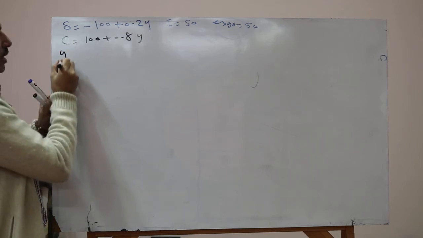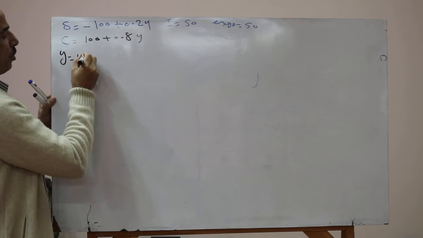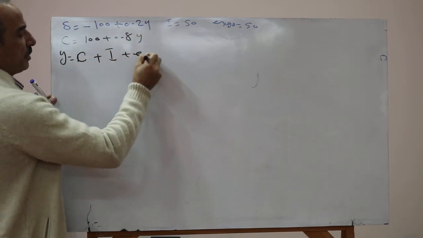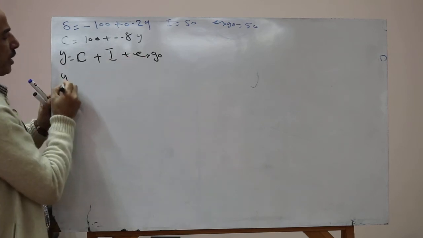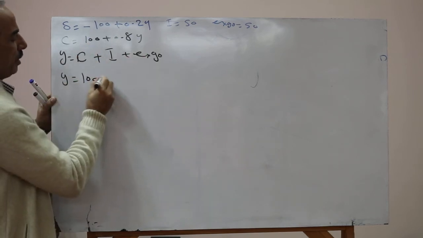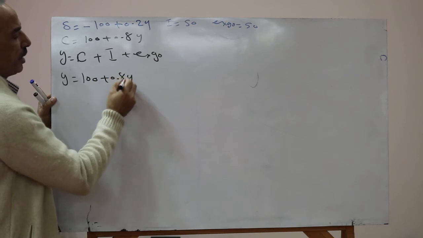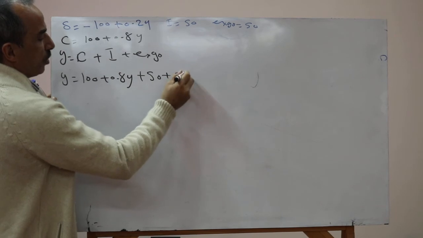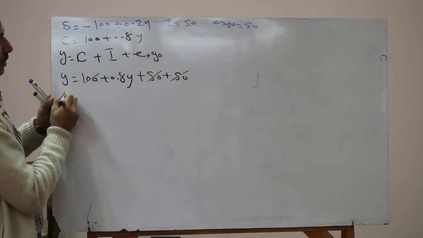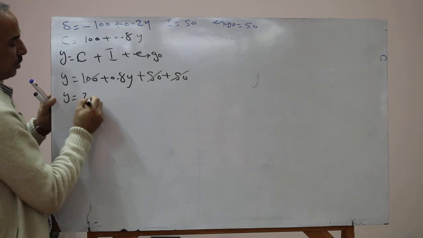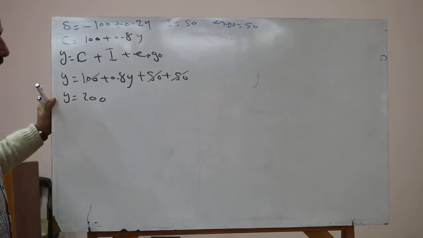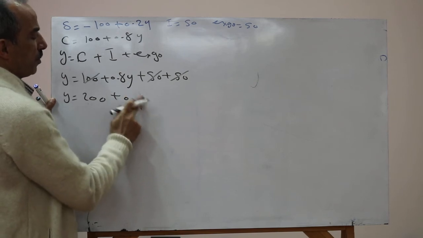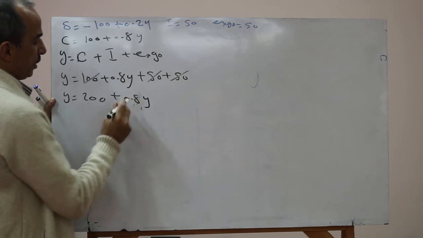National income equal consumption plus investment plus government expenditure. Okay, Y equal 100 plus 0.8Y plus 50 plus 50. So Y equal 200 plus 0.8Y.